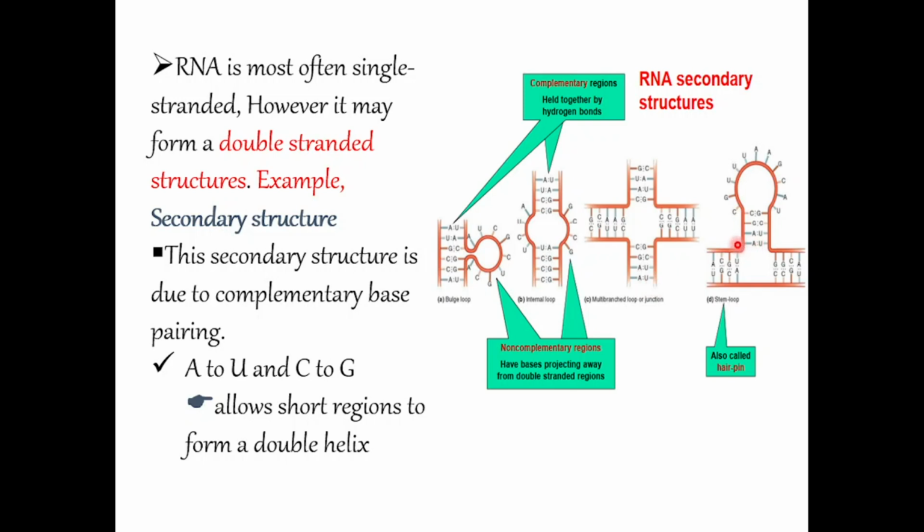Look at this figure: adenine, cytosine, guanine, uracil, adenine, guanine, cytosine, like this. Then it turns upon itself and forms complementarity. Here is cytosine, here is guanine; here is guanine, here is cytosine; here is adenine, here is uracil. So it forms complementarity upon a single strand.